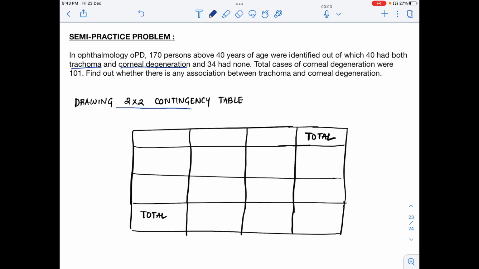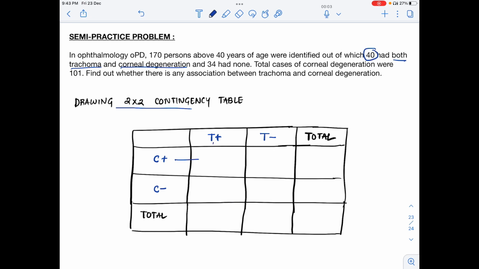So we have two variables, that is trachoma and corneal degeneration. Some people had trachoma, some people didn't. So T positive means people who had trachoma, and T negative means people who did not have trachoma. Same for corneal degeneration here. So we are given that 40 had both.